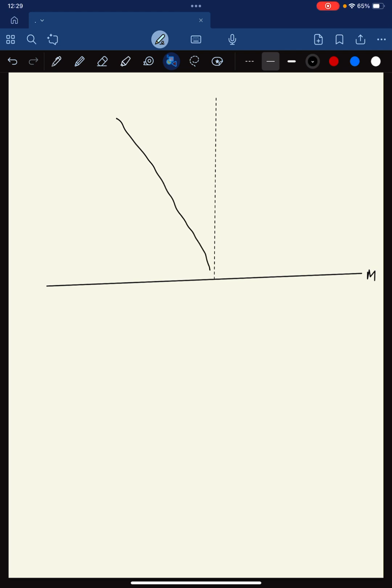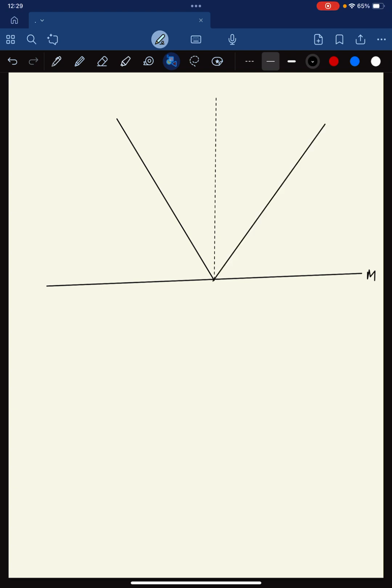Okay, so let's draw the mirror first. Let's say this is a mirror. If you call the mirror M, let's say this is the mirror M. Okay, now if I draw the normal to the mirror, let's say this is the normal to the mirror, and let's say this is an incident ray and it is reflecting.